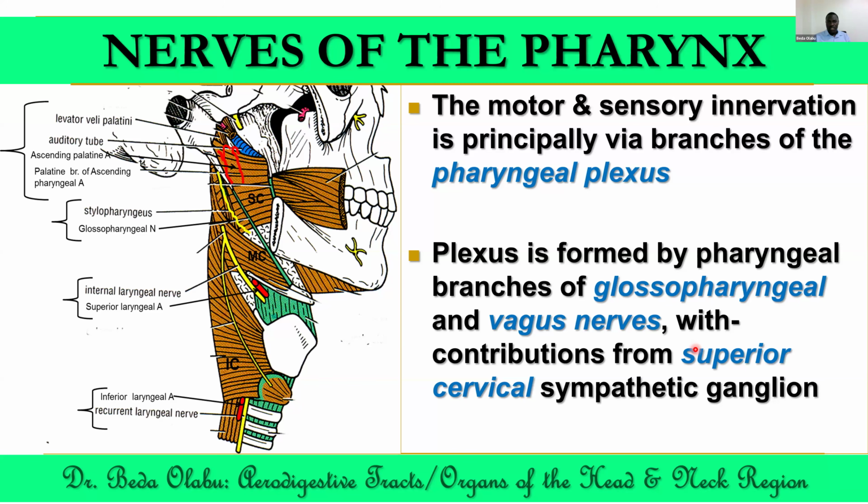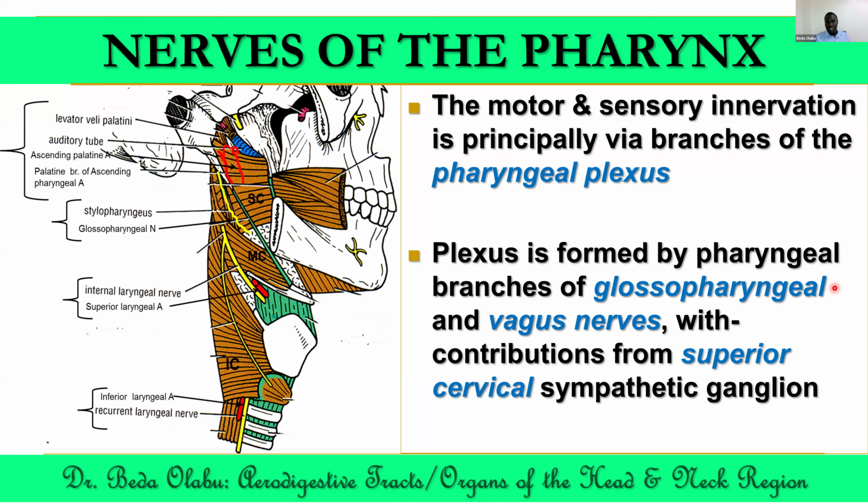Great. So this summarizes for us the innervation of the pharynx. Remember, glossopharyngeal will innervate the stylopharyngeus muscle, motor in function, but it also innervates the mucosa of the pharynx, sensory in function. Vagus nerve, the actual vagus part, will have sensory function to the mucosa of the pharynx.